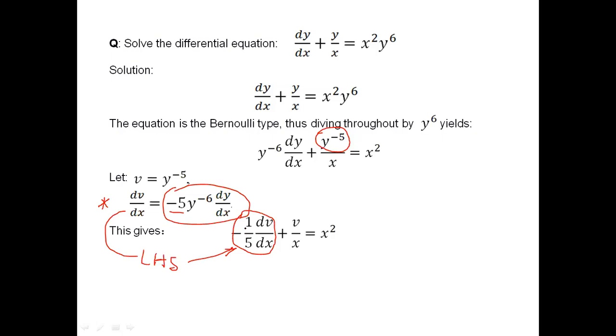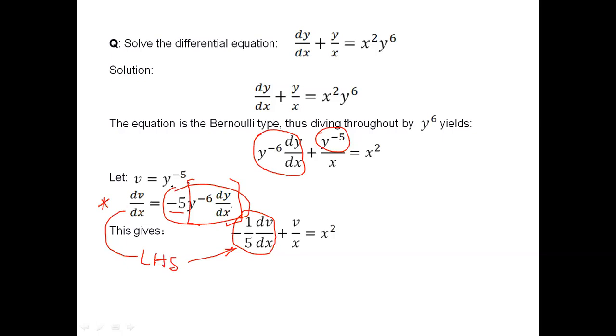So why are we putting it here? It's because after dividing both sides by negative 5, what will remain on the right hand side of the equal sign is this part, the y raised to the power negative 6 dy over dx. So y raised to the power negative 6 dy over dx is equal to negative 1 over 5 dv over dx.